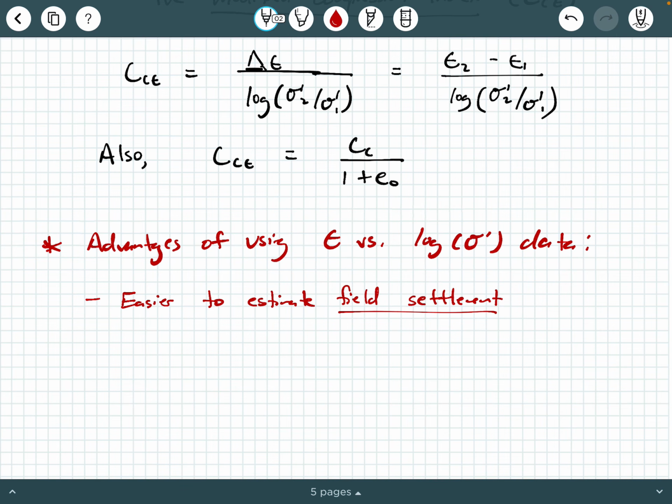Also, you can obtain and plot data in real time more easily compared to the void ratio data.